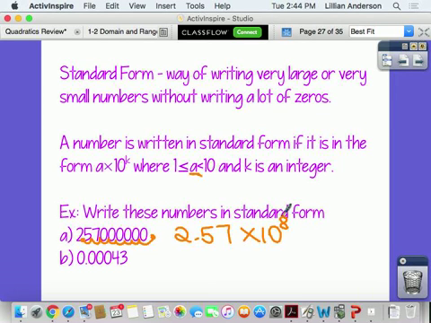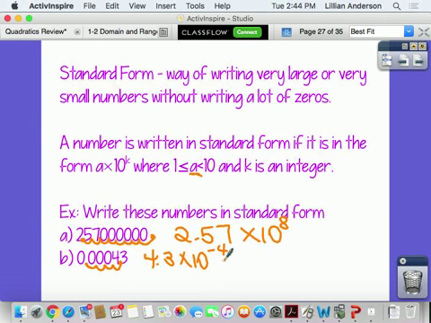I think it is. Same thing here, here's the decimal. We have to move it 4 to the right to make A a number between 1 and 10. So 4.3 times 10 to the what? Negative 4. Now, if you were ever curious what that E meant in your calculator, that's what it means, okay?